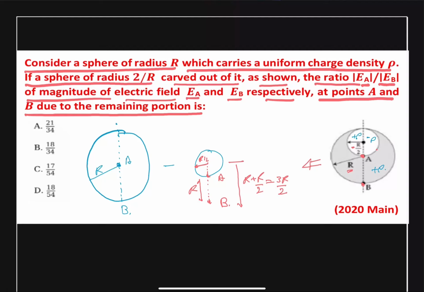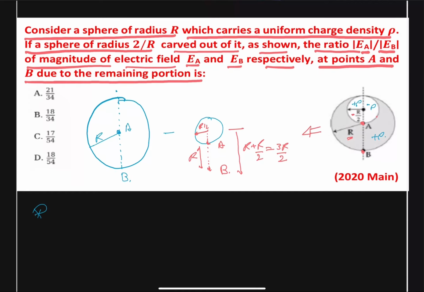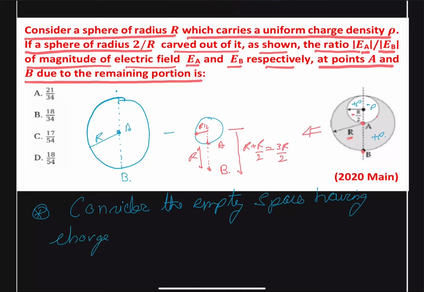So like I said, we can say that the empty space is considered as having charge density plus rho and minus rho.